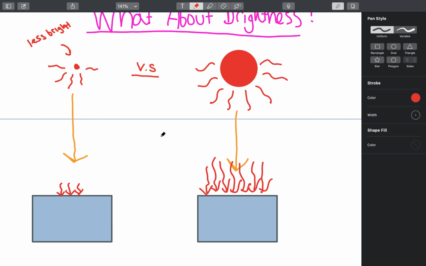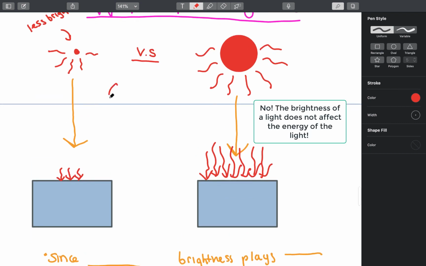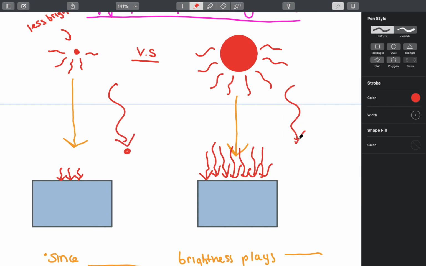However, is there any difference between the energy of the electrons leaving this metal and the electrons leaving that metal? What do you think? Both are emitting red photons, right? And the energy of these red photons is only correlated to their frequency and wavelength. Since these two lights are the same wavelength, they are emitting the same energy.